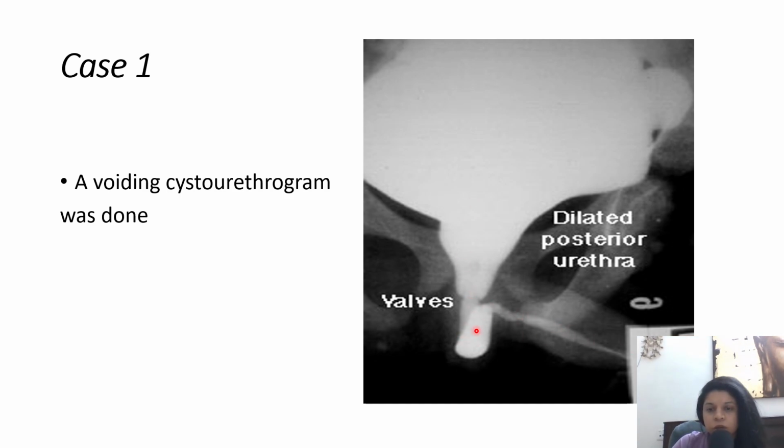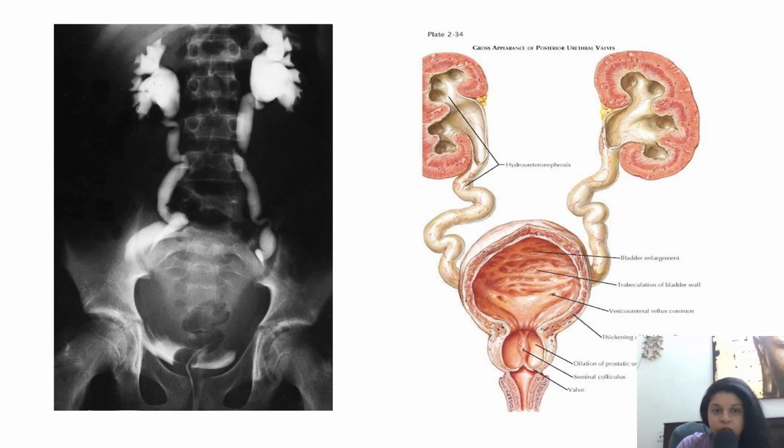Usually the urethra shouldn't be narrowed, but here it is narrowed. That means there is some valve here. This is a condition called posterior urethral valve, which I have mentioned in my previous lectures also.